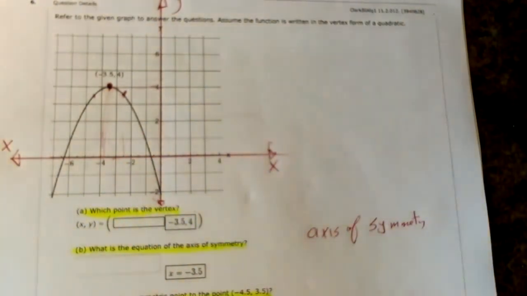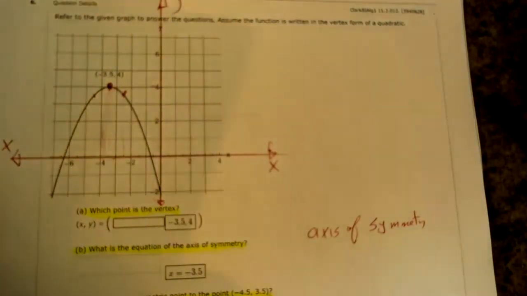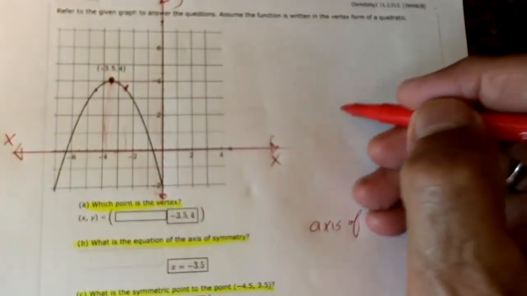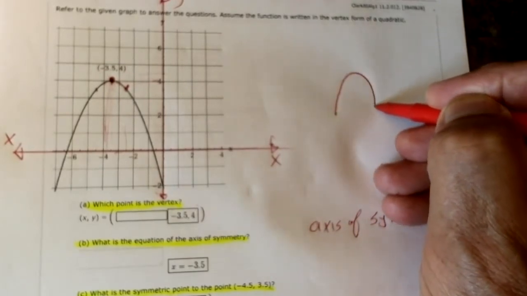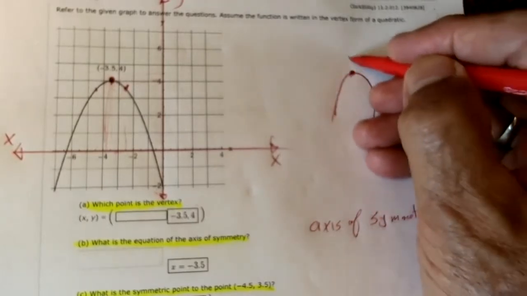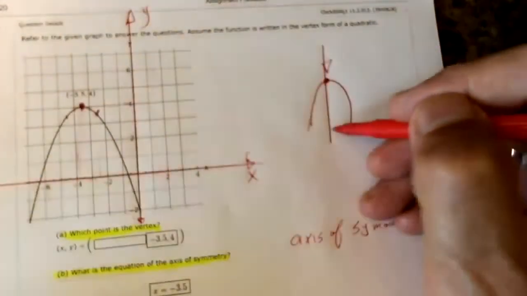You know, in any parabola, there is a line that splits the parabola, and that line starts from the vertex. Let's say on this one example, you see that this is a vertex, right? If you draw the line that splits the parabola, they call this line of symmetry.